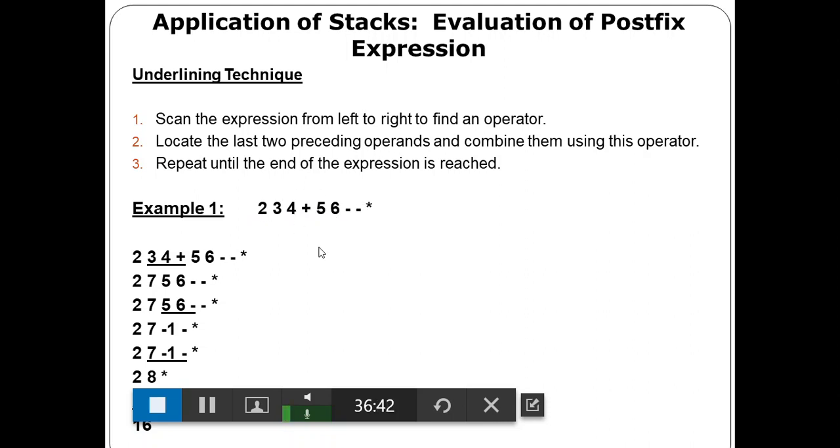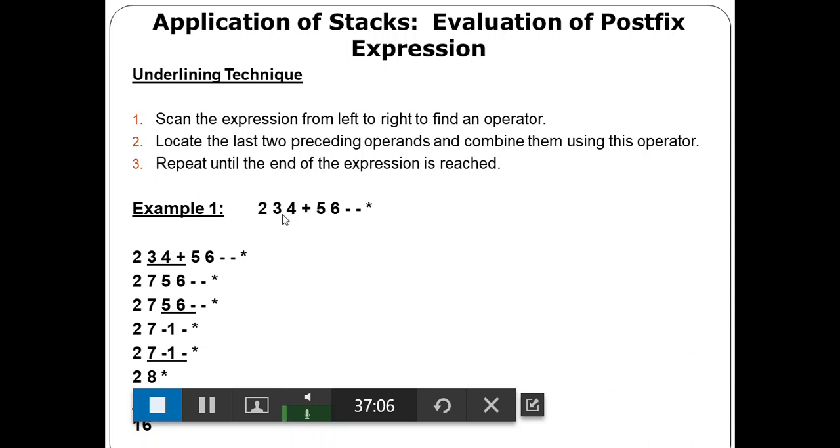Okay, so what we are doing here in the postfix expression, first thing is we have the steps here. What is that? Scan the expression from left to right to find an operator. You have to start from the left and keep on going to the right.